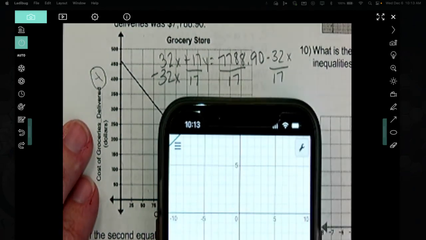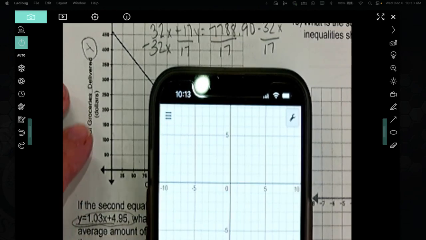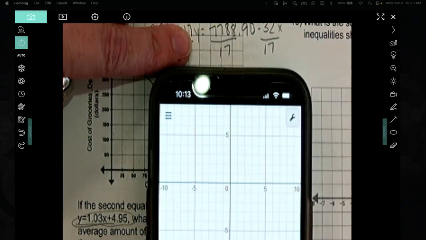So we could take our Desmos here, and I'm going to actually put those fractions in. I'm going to say Y equals 7788.9, and then in the bottom I have 17, and then I have minus 32 over 17, and I'm going to put my X out here.